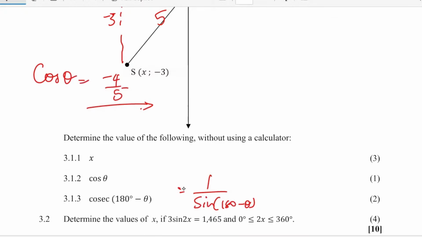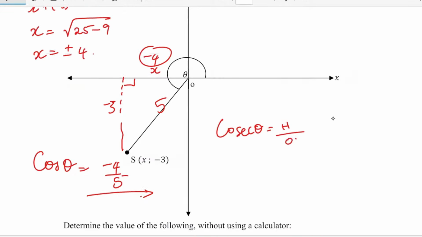For 180 minus theta, we know that sine is going to be positive. So it's sine of theta. And we know that the cosec of theta is the same as hypotenuse over the opposite. So the hypotenuse is a 5. The opposite is a -3. So 5 over -3 becomes the answer.